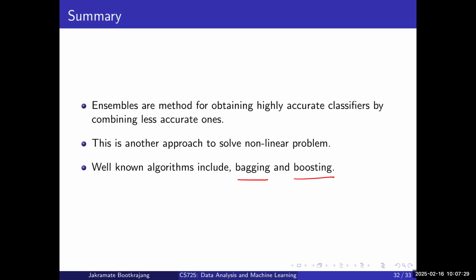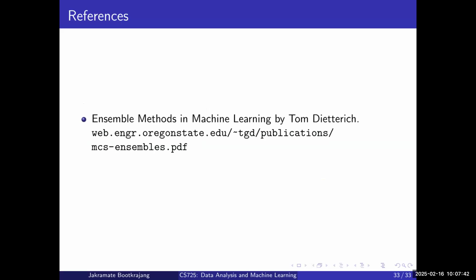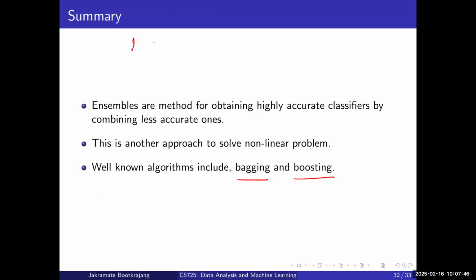We can also manipulate the features, and also manipulate the output if you have multiple classes. So it's important that you meet the two conditions that I said at the beginning: one, it has to be better than chance, right? And two, it has to be diverse, right? These are the two main takeaways if you want to use the ensemble method.